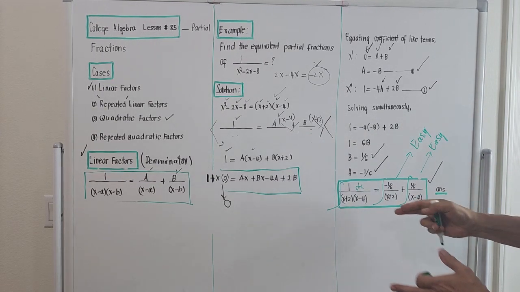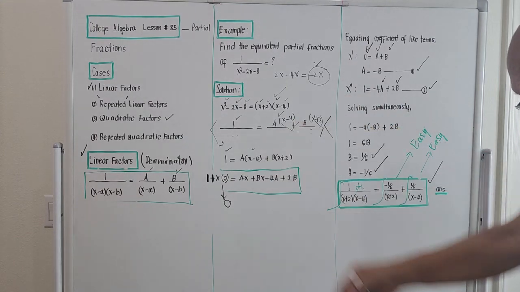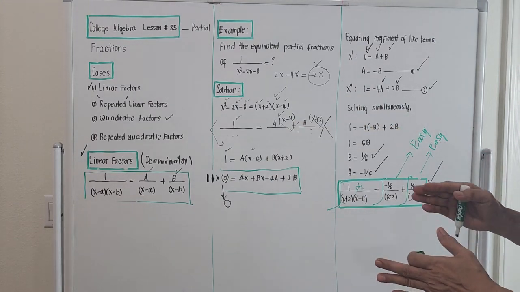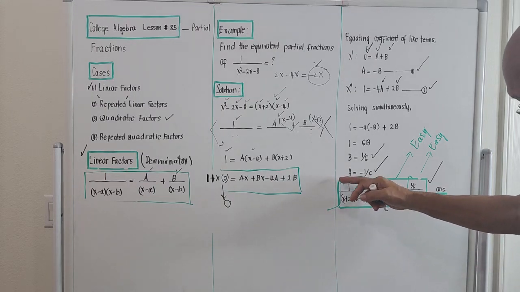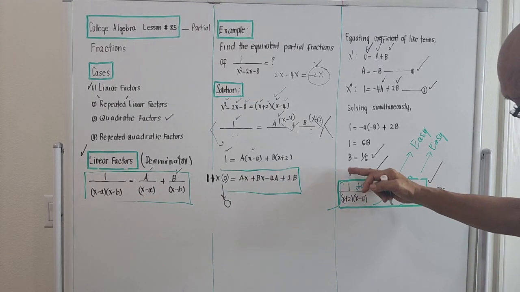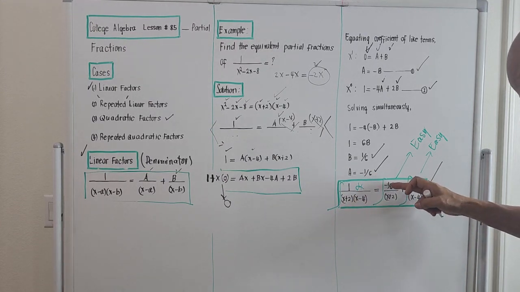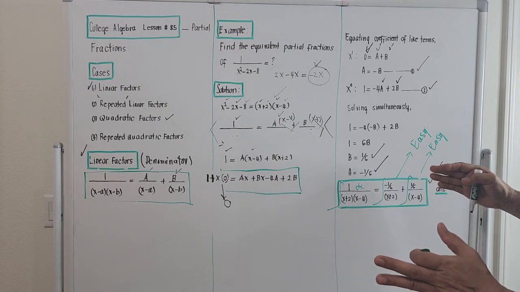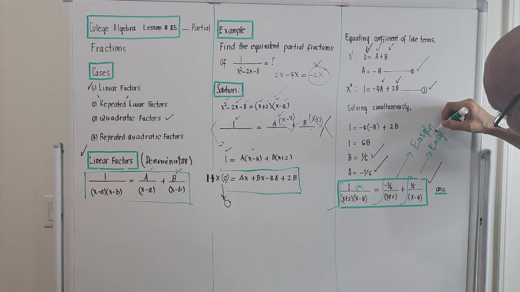Right? So meaning to say, to integrate this one, I'm bringing you to integral calculus. I am telling you the importance of partial fractions. Because if there is a problem in integral calculus involving this, to integrate it, you must first compute the partial fraction equivalent before you could integrate it easily.